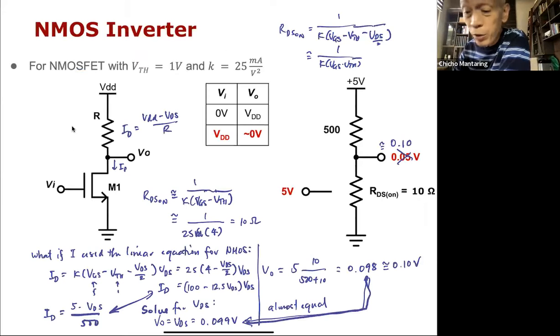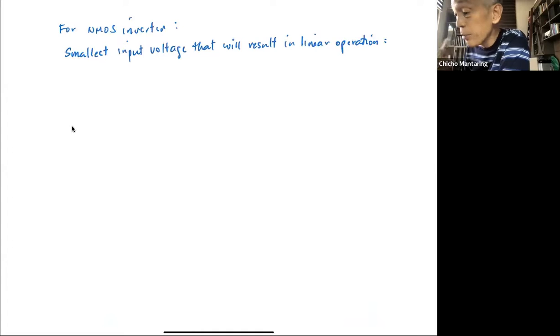Remember that we want this to be in linear mode when our input is a high voltage level. So for the high voltage level, or VI equivalent to a 1, ano yung pinakamaliit na value ng VI na pwede? What is the smallest input voltage that will result in linear operation?